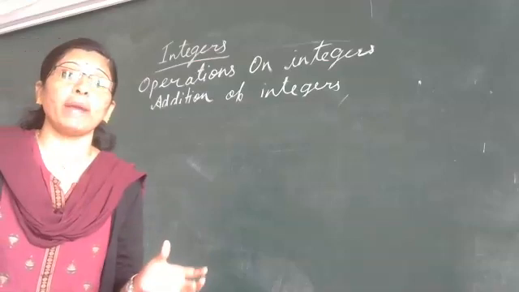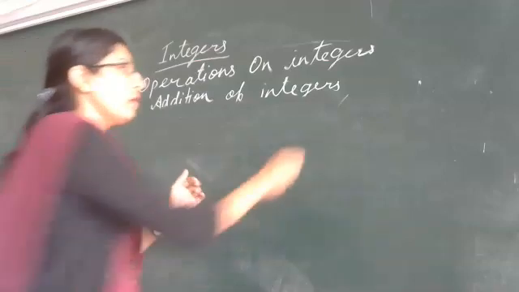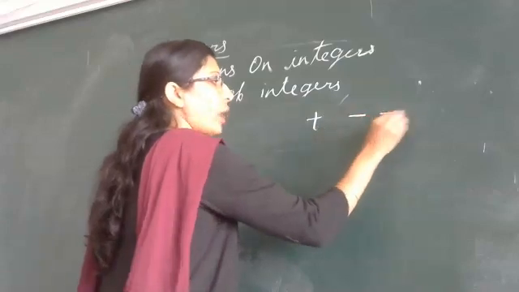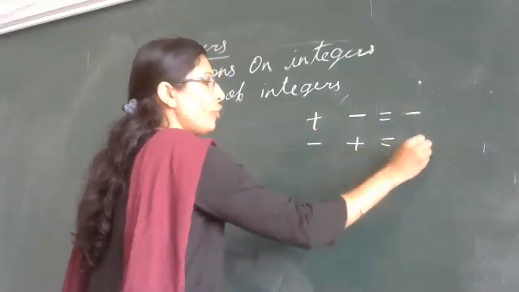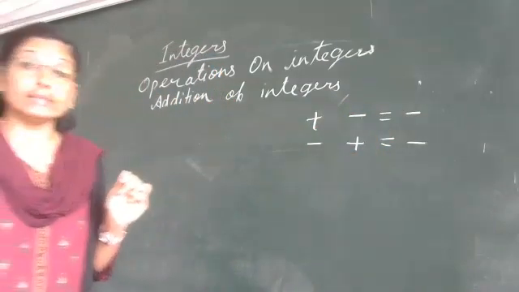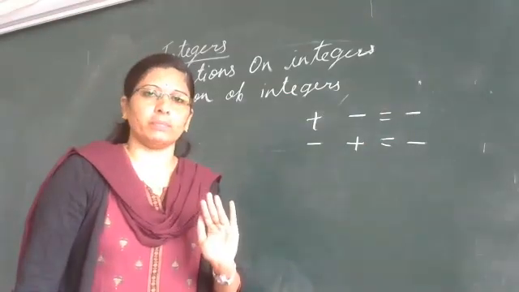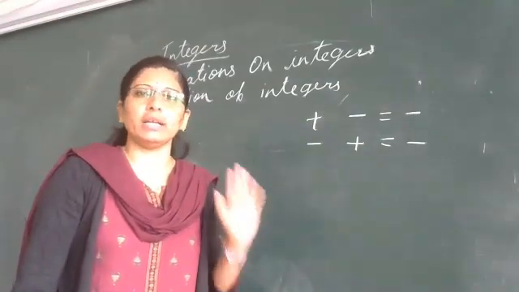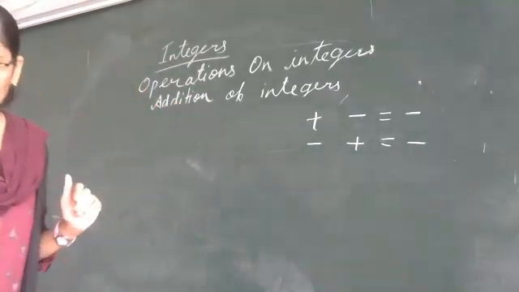Here you have to subtract. Their difference will come. So plus minus you have to subtract, and minus plus also you have to subtract only. And in the answer, the greater number's sign will come.